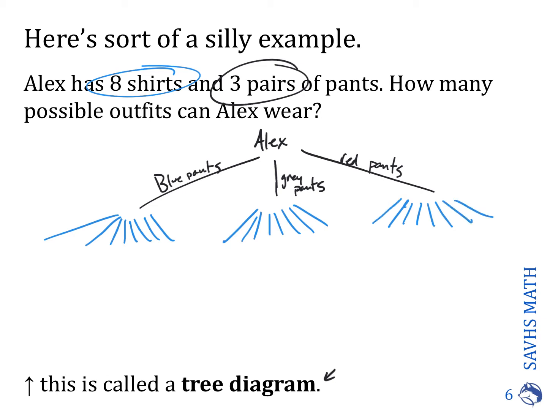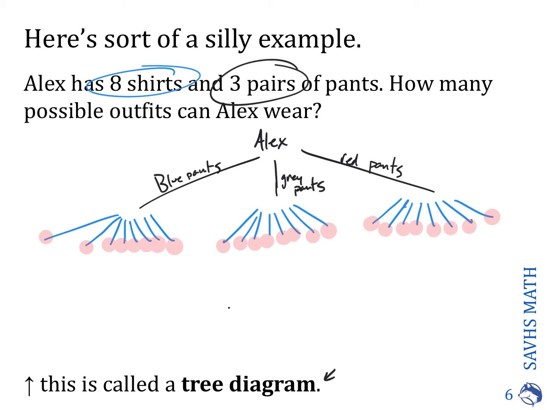So how many total possible outfits does Alex have to wear? Well, he's got, let's see, 1, 2, 3, 4, 5, 6, 7, 8, 9, 10, 11, 12, 13, 14, 15, 16, 17, 18, 19, 20, 21, 22, 23, 24. 24 possible outfits to wear.